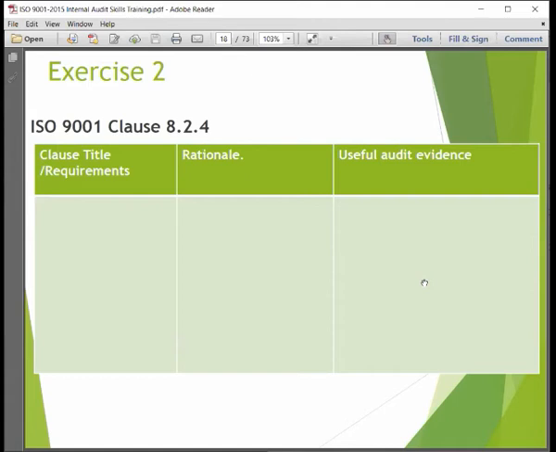If there are any changes to these products or services, this should be clearly communicated so that those in marketing do not continue selling a product that is not in existence. Good. Very good, that's also good. Any other before we go to the useful audit evidence?